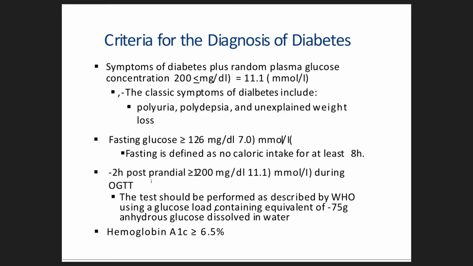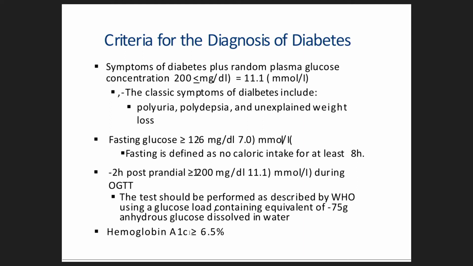The same thing for 2 hours postprandial or random. Normal person should not have glucose more than 140 milligram per deciliter. Those with diabetes, they are having 200 and more. And persons having their random glucose or 2 hours postprandial glucose between 140 and 200 is called pre-diabetes.